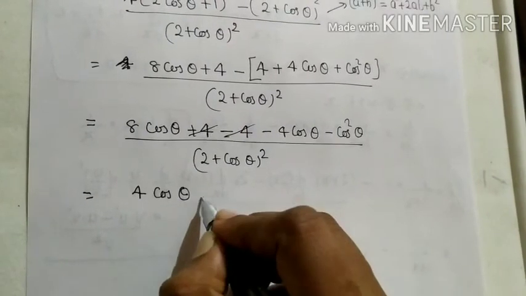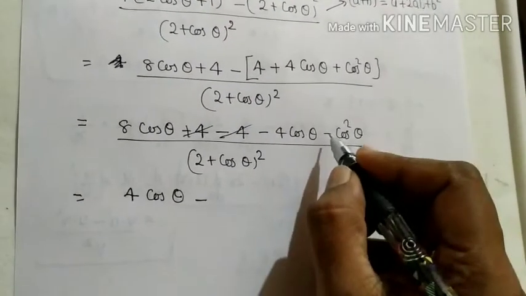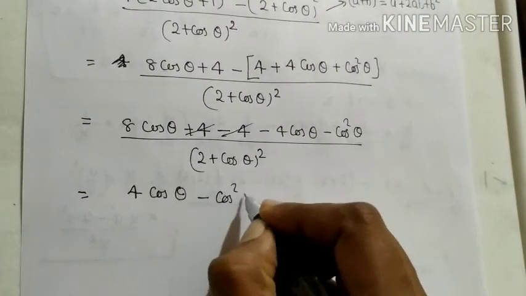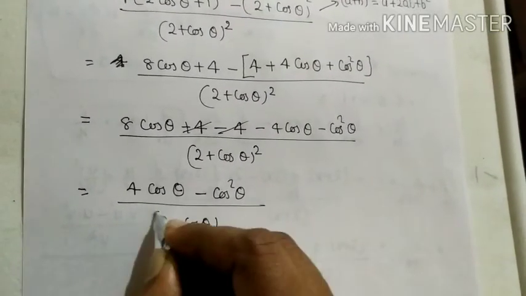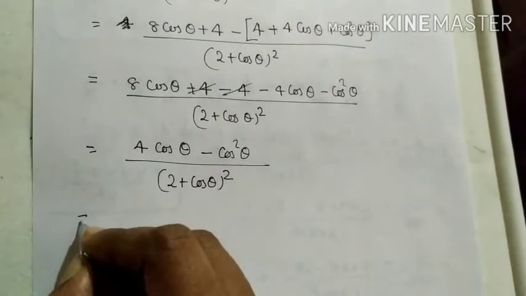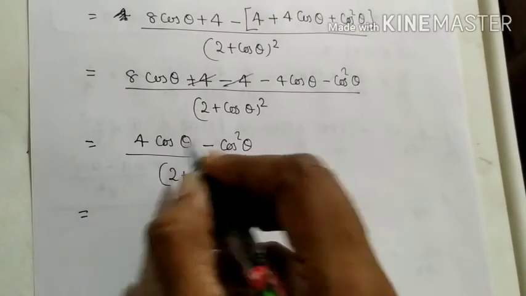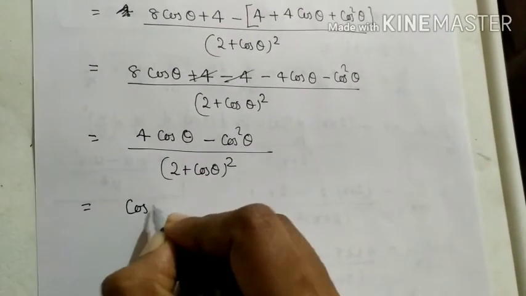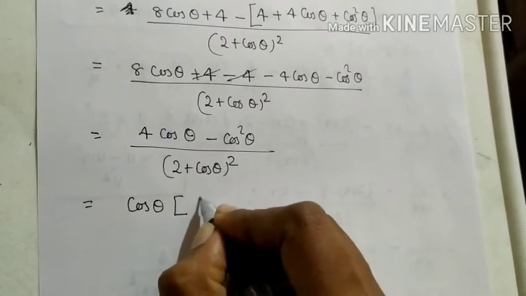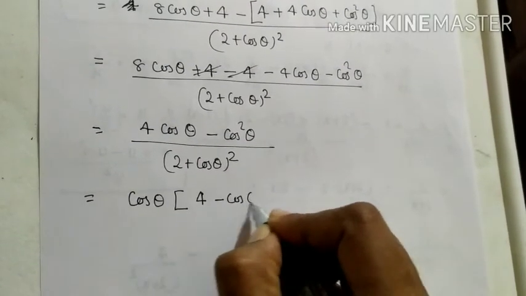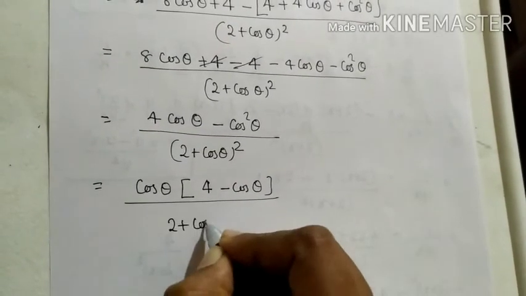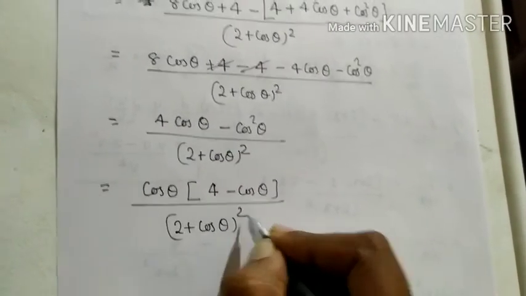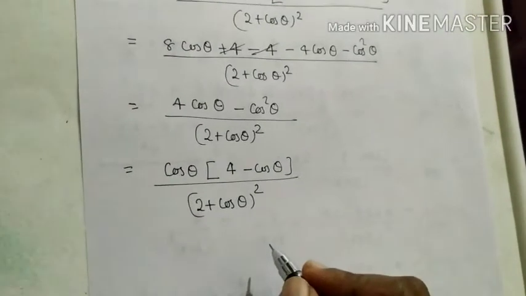The remaining term is minus cos square theta divided by 2 plus cos theta the whole square. Taking cos theta common from the numerator, we get cos theta into 4 minus cos theta whole divided by 2 plus cos theta the whole square. Okay.